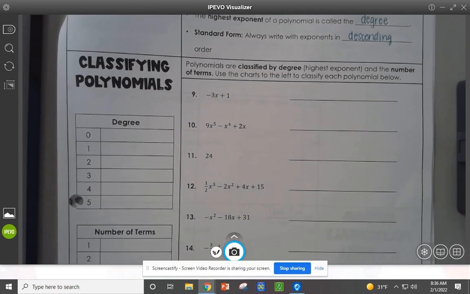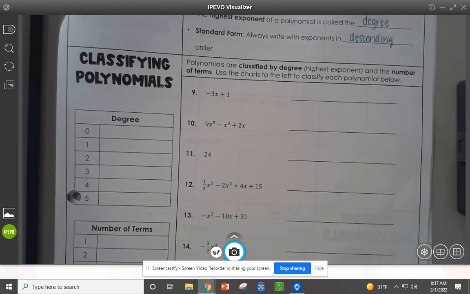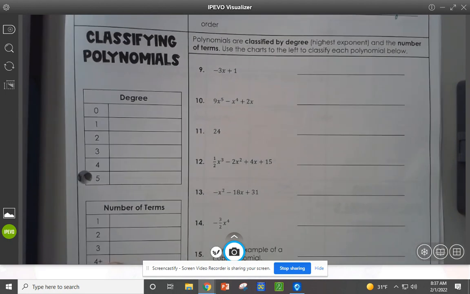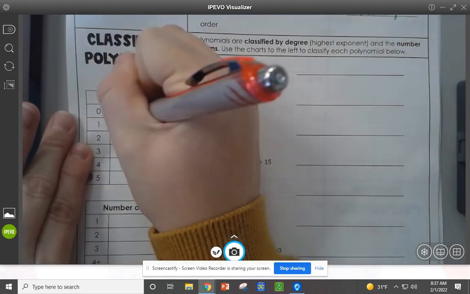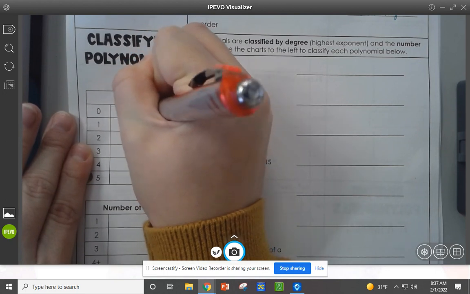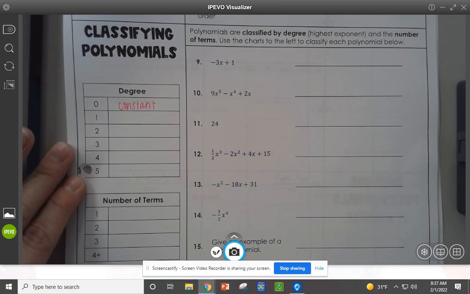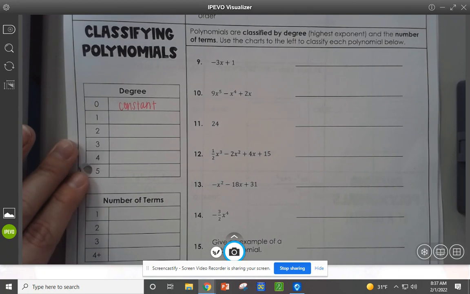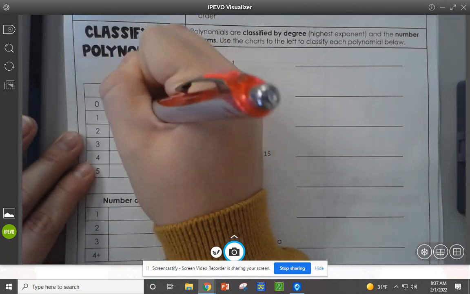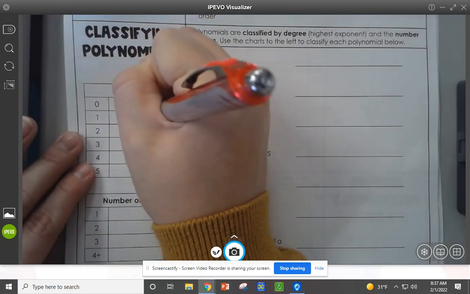Now, polynomials have names based on two things. Number one is their degree, and number two is the number of terms. You've done this in Algebra 1, so hopefully it comes pretty easy to you. If the degree is 0, that means there's not even an x at all. We call that a constant. If the degree is 1, we say that it is linear.